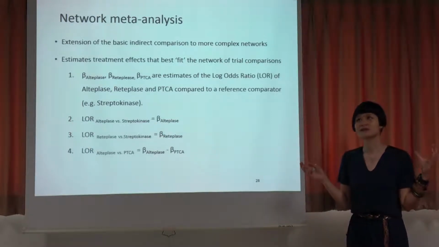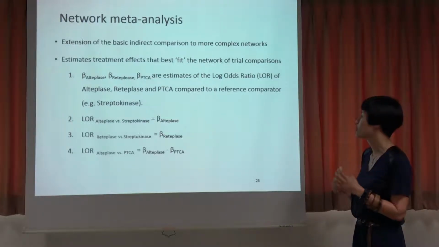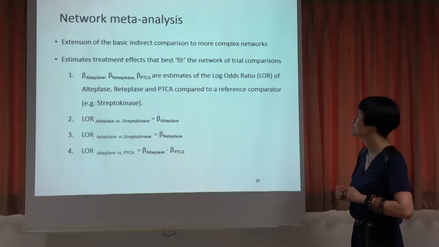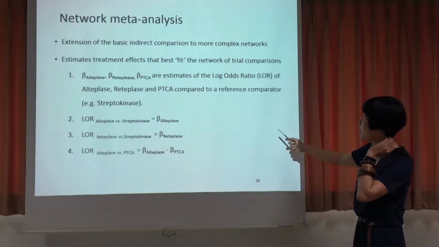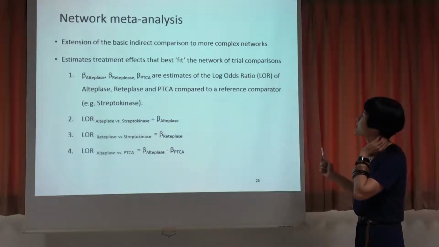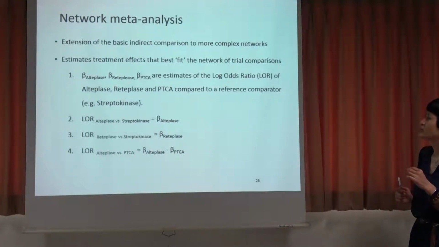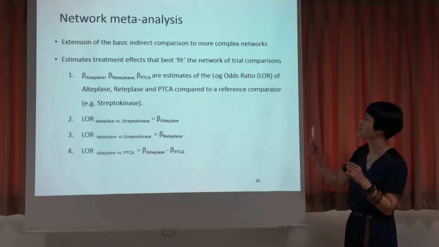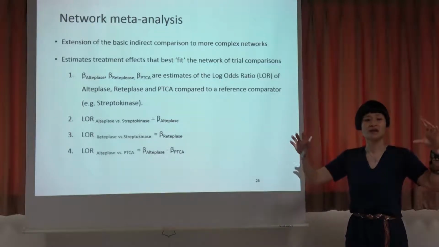So it's like simultaneous equation solving when they're all related to each other. So with the extension of basic indirect comparison to a more complex network, you estimate a treatment effect that best fits the network of trial comparisons. So you're estimating all these at the same time.